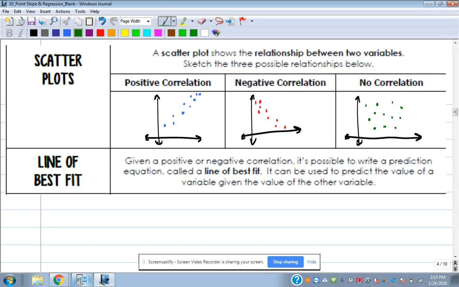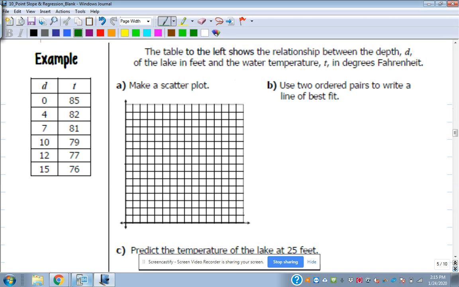Right below that, you'll see that example, and the table on the left shows the relationship between the depth D of the lake in feet and the water temperature T in degrees Fahrenheit. And it wants us to make a scatter plot. They've got one on here that we're going to plot these points on and look at the correlation. And then I'm going to show you how to do that with the calculator so that you don't have to draw out a coordinate plane, so you can see the trend that's happening with the calculator.